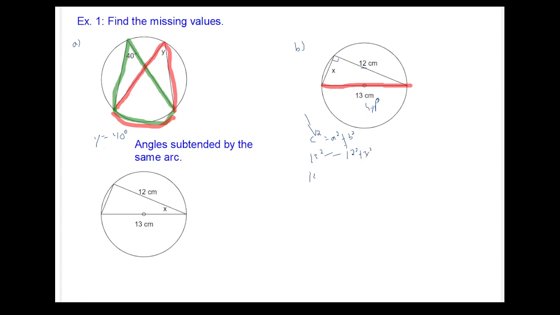13 squared is 169. That's equal to 12 squared, which is 144, plus x squared. We want to solve this equation. So subtract 144 from both sides. And 169 minus 144, I should write that down so we can see what we did here.